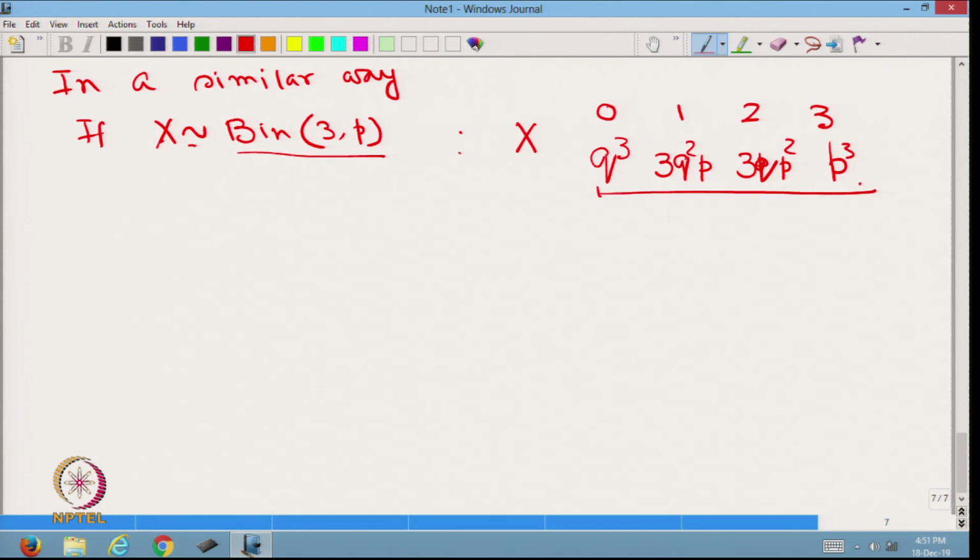It is very clear that the sum of these is going to be 1.